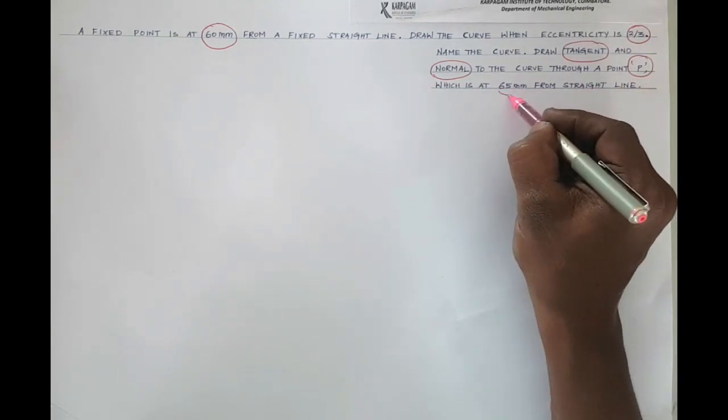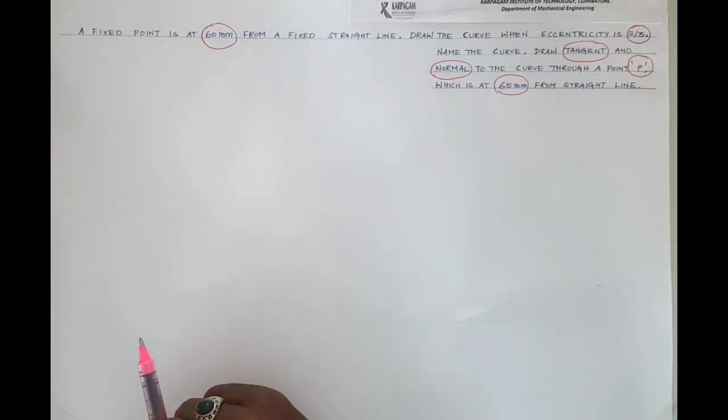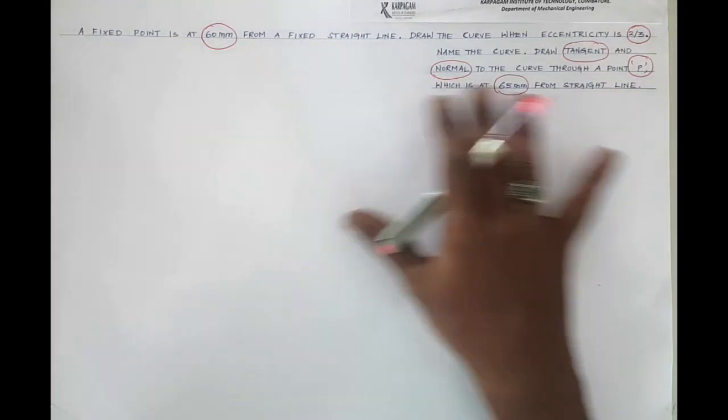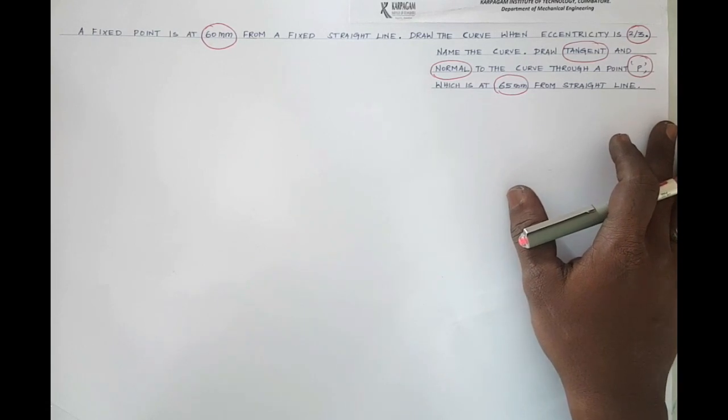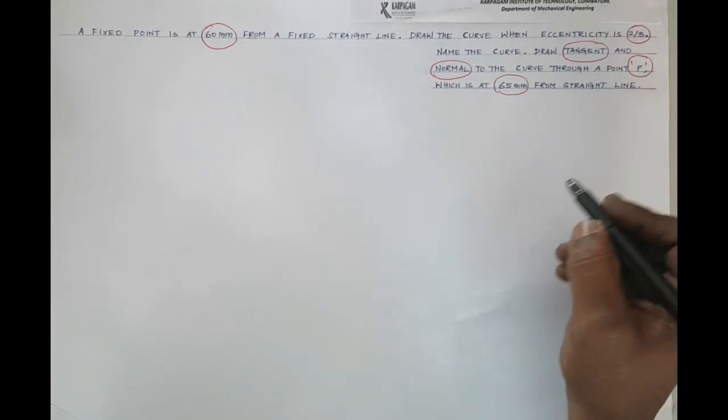It is 65 mm from the straight line. As of now, we don't know which type of curve we are going to draw, but it is very easy to find out the type of curve what we are going to draw by using the eccentricity value.